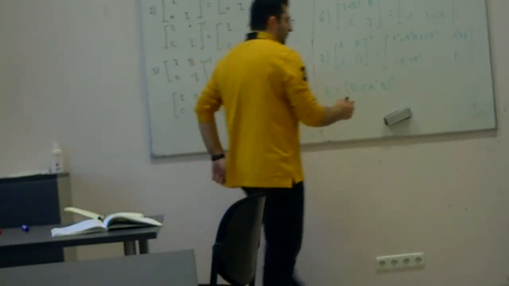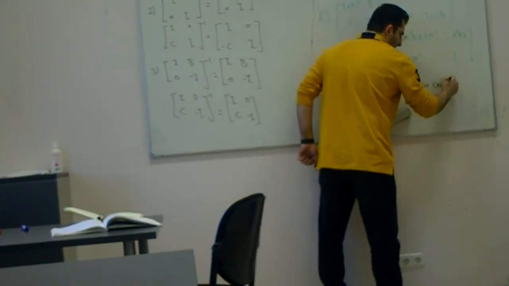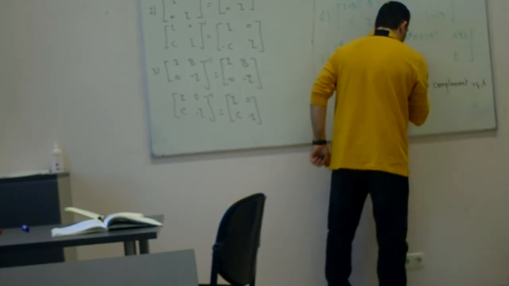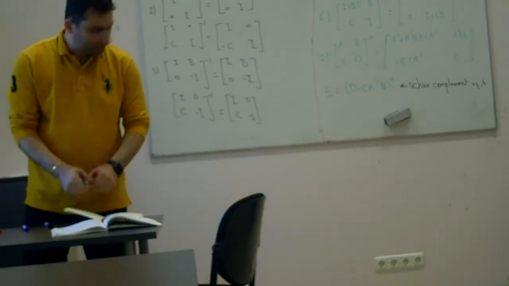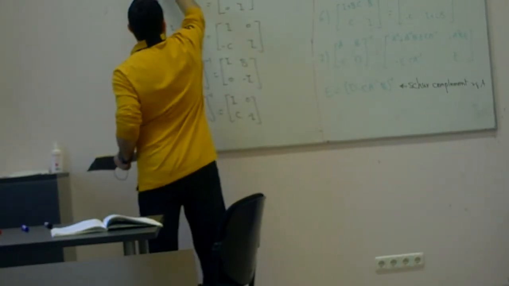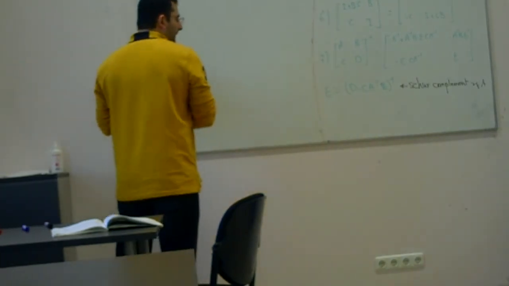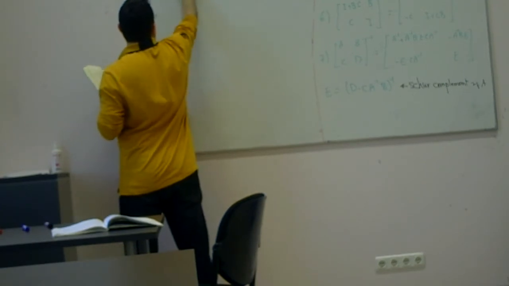It was called Schur complement. The same inverse can be calculated by Schur complement of D. So A is the same matrix.